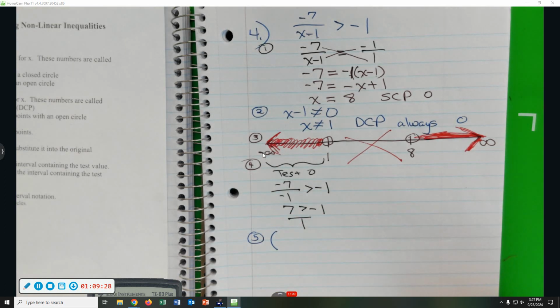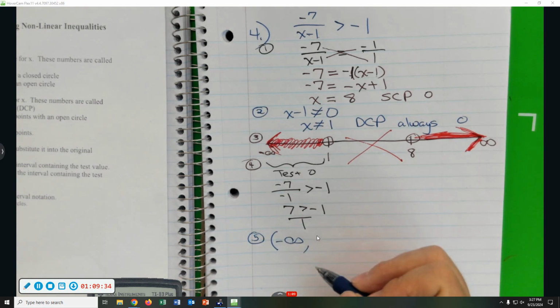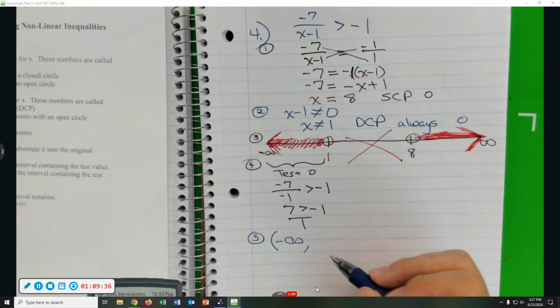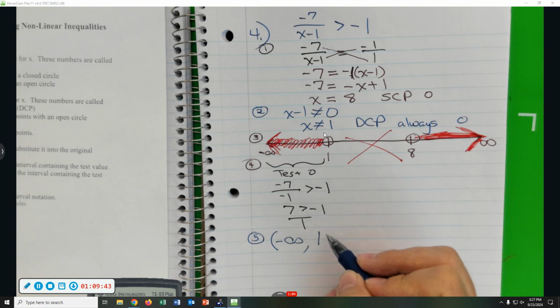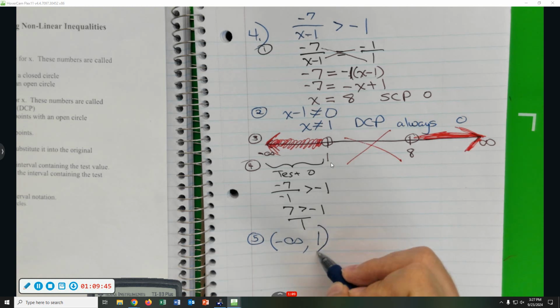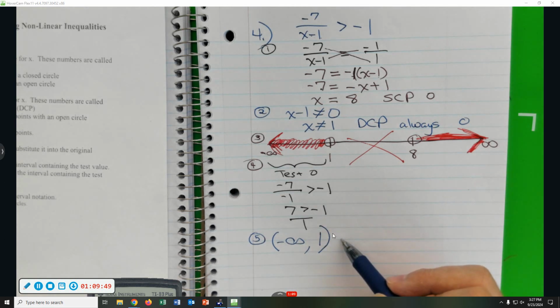Negative infinity, comma, and you've got to type that comma or they're going to count it wrong. The right-hand endpoint, 1, parenthesis. What do I put between the intervals?